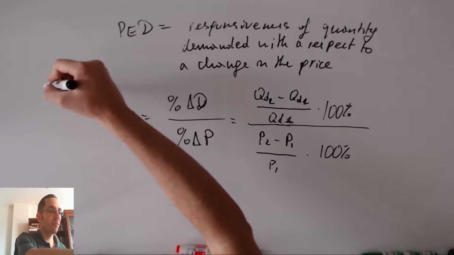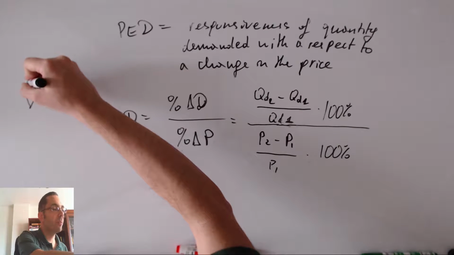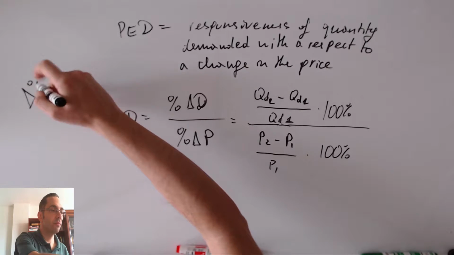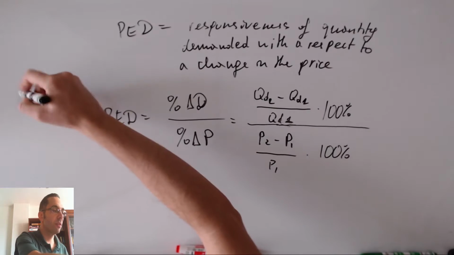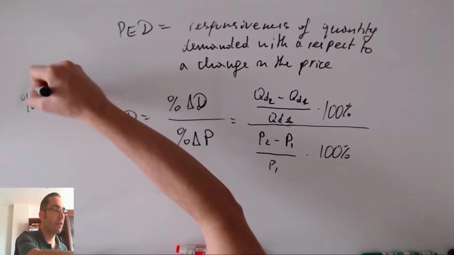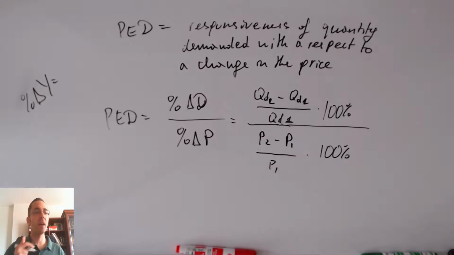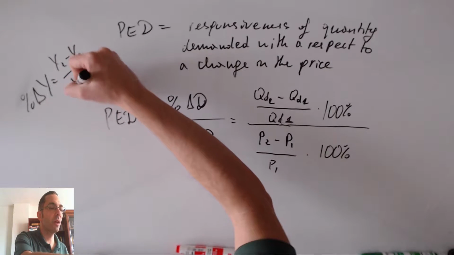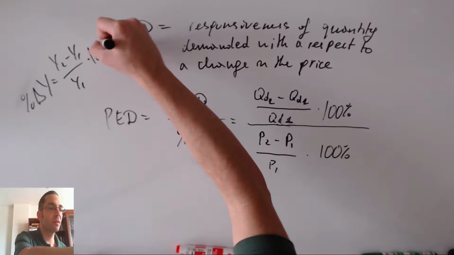A general rule would be the percentage change in y, whatever y is, would be equal to y2 minus y1 over y1 times 100.